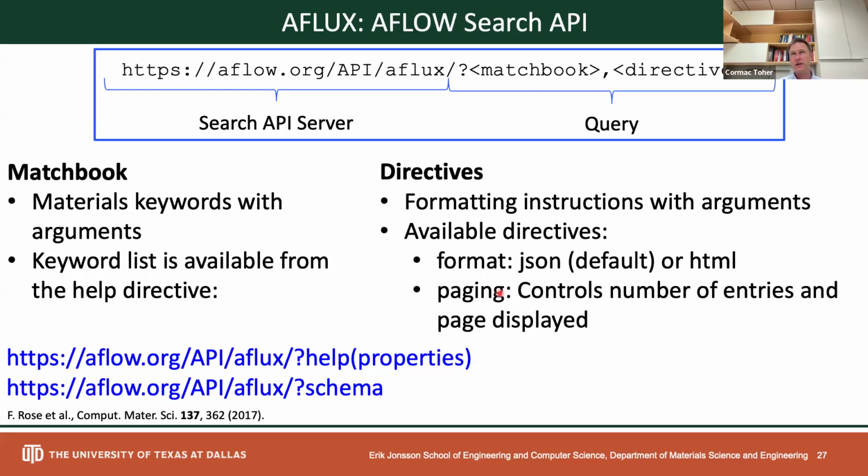In the case of Nomad, you have something like 20 million materials entries. Obviously trying to return all 20 million entries in one query might cause some problems. So you can page through. You can say, okay, I only want the first 20 entries or the first 100 entries. Then you download the first 100 entries, then you can download the second 100 entries, and so on. We'll talk a bit more about how to do this in a later slide.